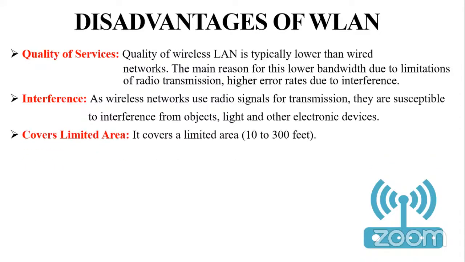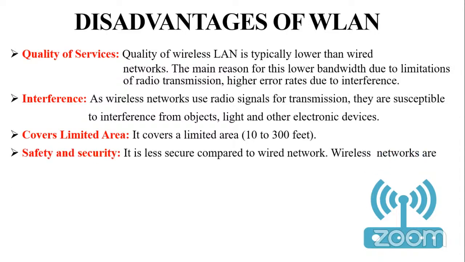Next one, Wi-Fi covers a limited area. This is not actually just 10 to 300 meters. Nowadays devices provide more range also. Whatever the distance, it is only limited to a particular area.